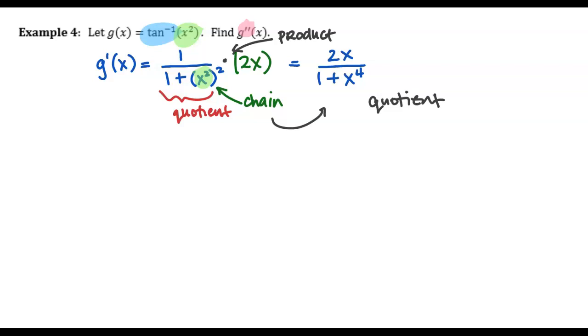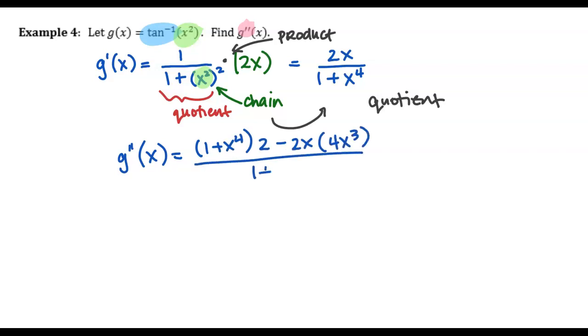So let's go ahead and take our second derivative of this cleaned up version of our function, our g prime of x. So g double prime of x, our second derivative, that's low d high minus high d low all over low low.